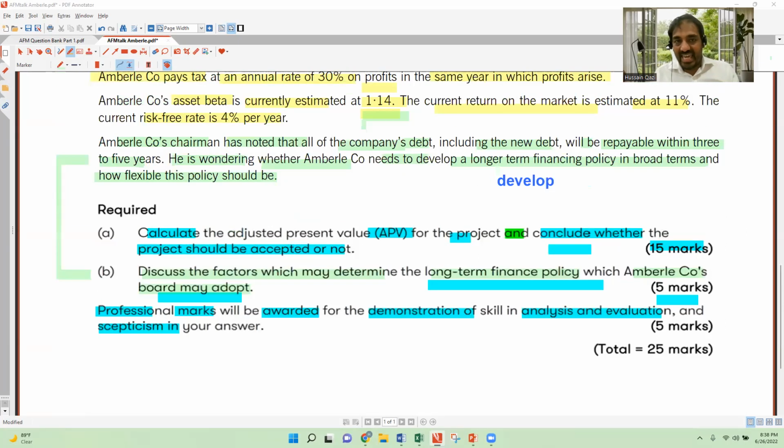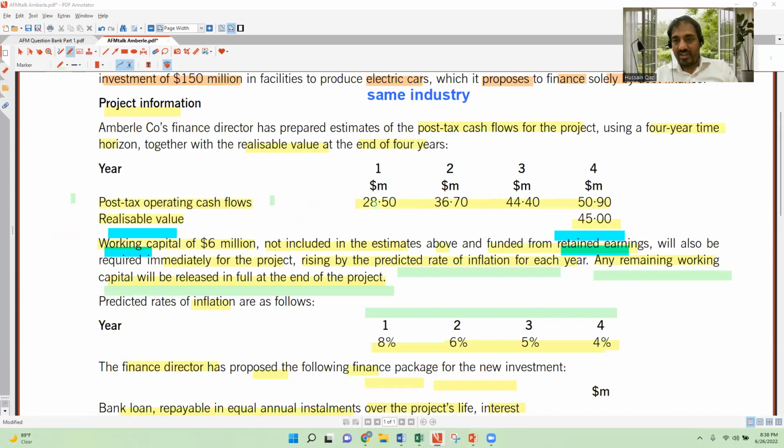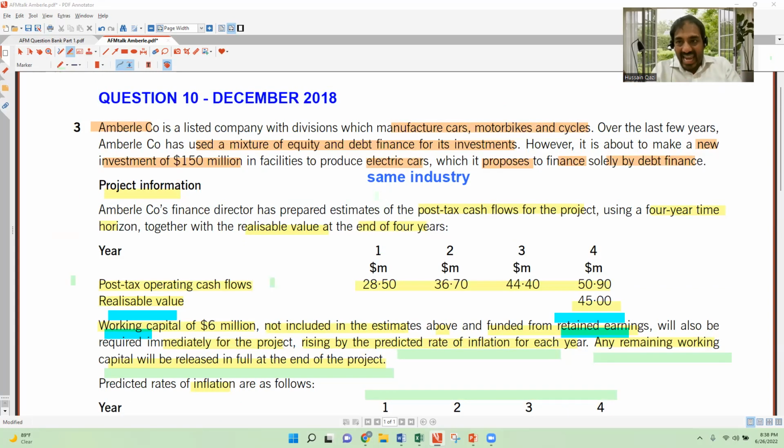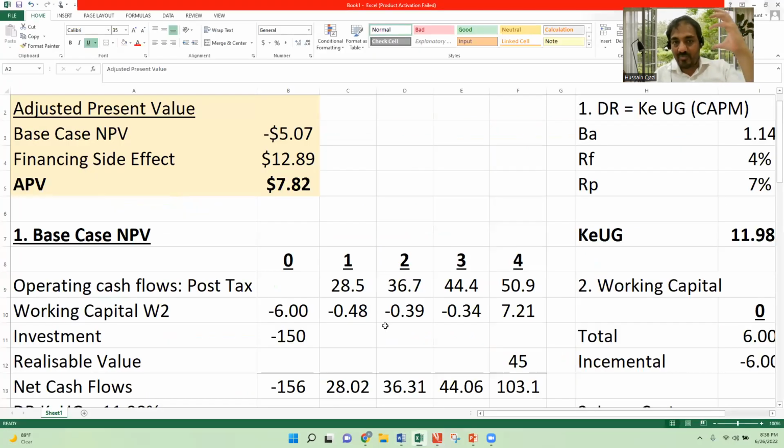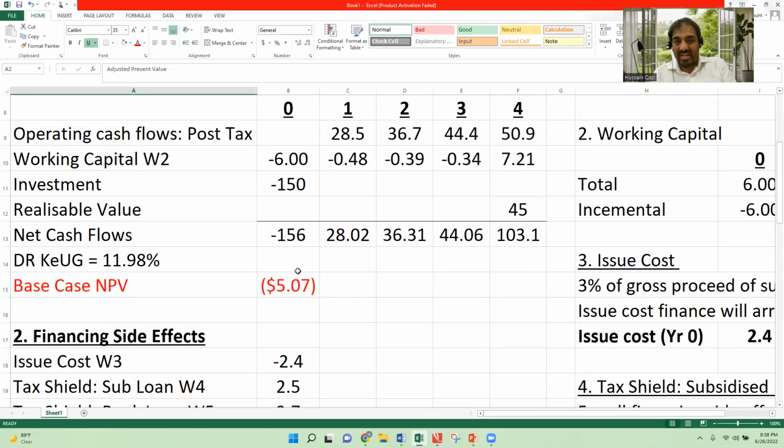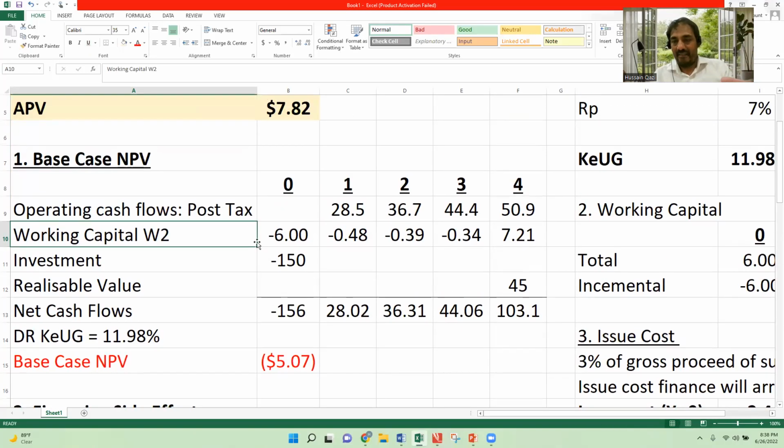For example, professional marks include extraction of information from the question and incorporating it with the required evaluation structure, that's called APV. It means you have extracted the information properly and incorporated all the data in the right manner in this structure, with the base case NPV and the financing side effects.